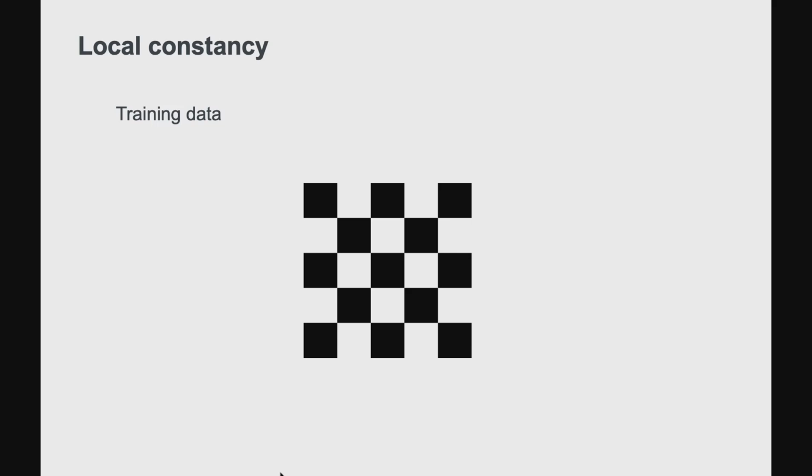So my argument would be, when this is your training data, all the training data is here, you don't have data about this region or that region or that region or that region.